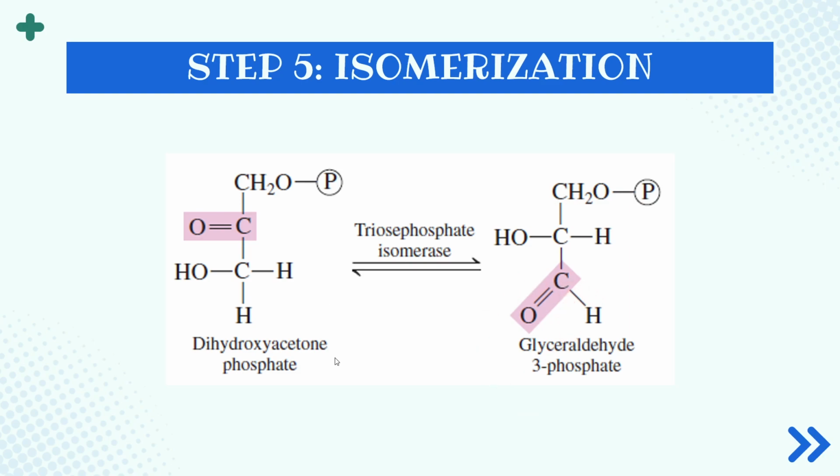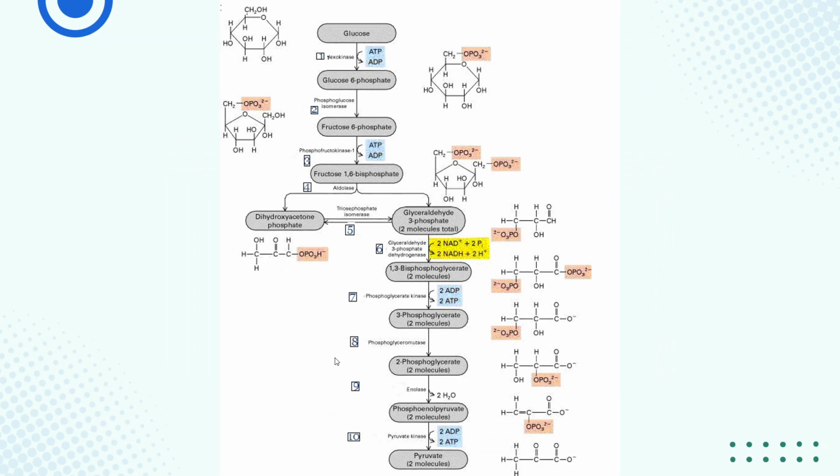So, in the next steps, kids, starting from the formation of your dihydroxy to glyceraldehyde, all of this now are into 2 molecules. Kasi nga, di ba, here in the cleavage of your fructose 1,6-bisphosphate, we got one glyceraldehyde.